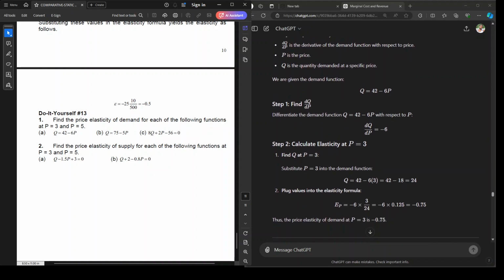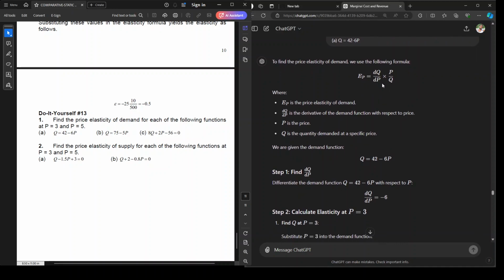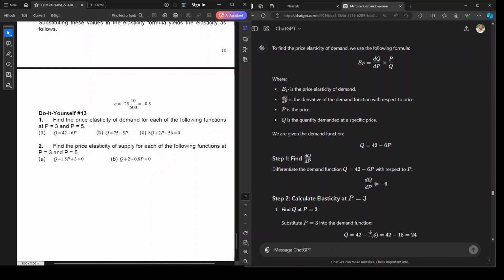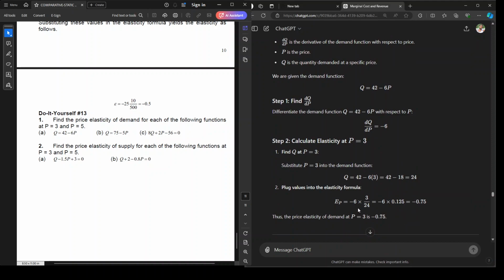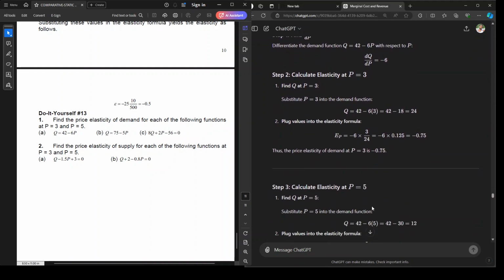Now from there, put in this equation. We have found dQ/dP times P over Q. We have also found our Q by putting it in this equation. So you exactly do the same stuff here.